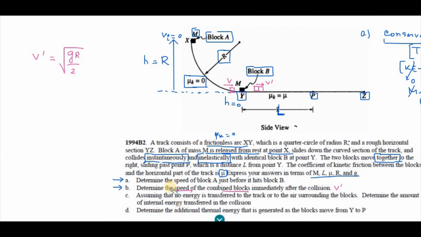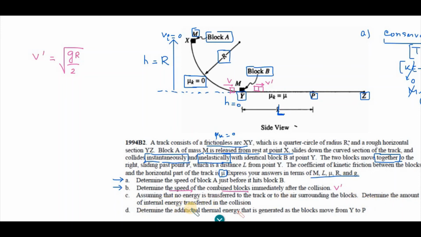In the third section it's given that, assuming no energy is transferred to the track or to the air surrounding the blocks, determine the amount of internal energy transferred in the collision. That means no frictional energy loss is being considered during the collision.